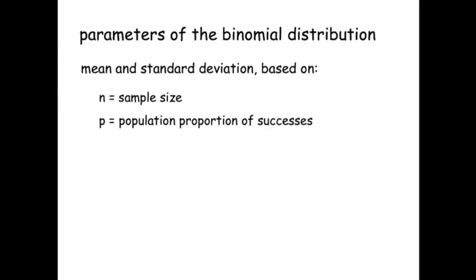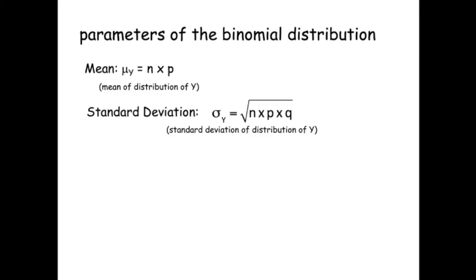The parameters of the binomial distribution are its mean and standard deviation, which are determined based on sample size and the population proportion of successes. The mean is n times p, and the standard deviation is the square root of n times p times q, where q is the proportion of failures.